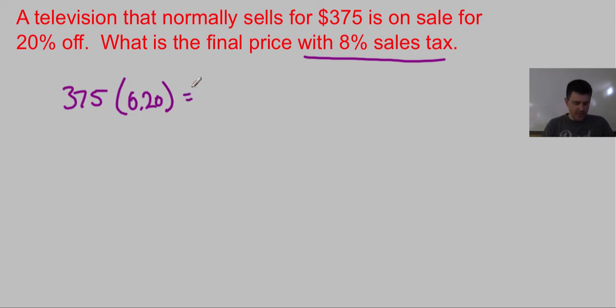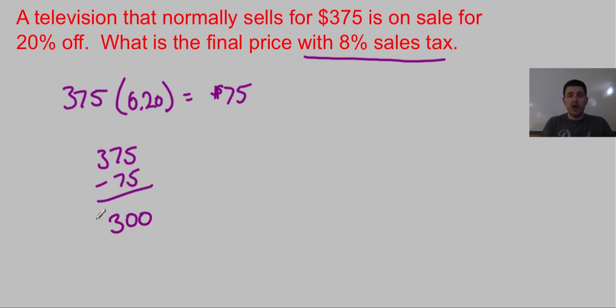375 times 0.20 gives me a discount of $75. So I'm going to subtract $75 off of my price. I'm going to take off my discount, and I end up with a final price of $300. Now I got to figure out my sales tax, because remember, sales tax gets added back on as a percentage of your price.